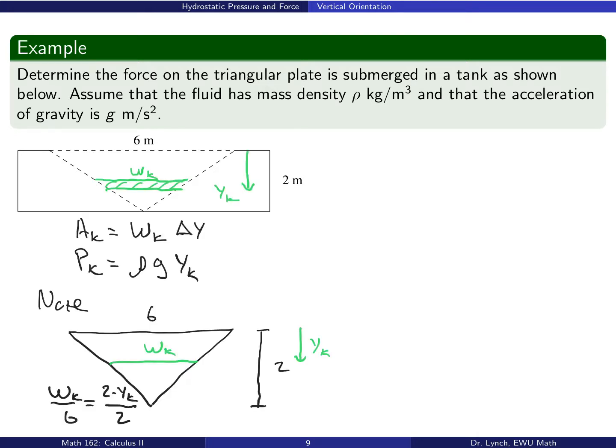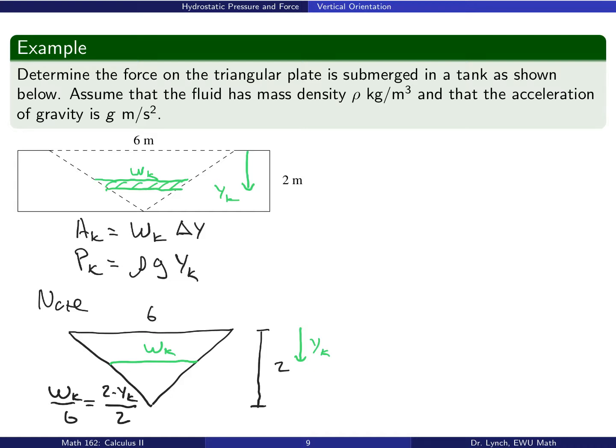So here's the area of the slice at depth y sub k. It's going to be W sub k delta y. And we can see that the width of that slice changes depending on the depth y sub k. Of course, the pressure on that slice is rho times g times y sub k. And W sub k can be determined using similar triangles.